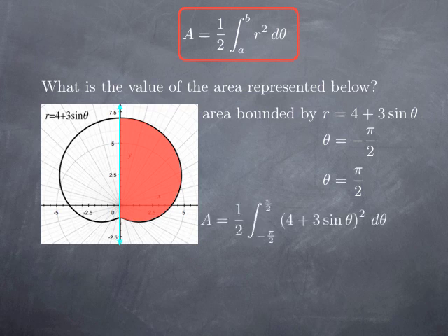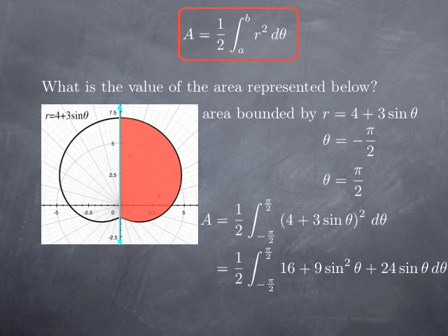And then we obtain for the area 1/2 of the integral from negative pi over 2 to pi over 2 of the square of the bounding function 4 plus 3 sine theta. And if we multiply things through in this square, we obtain 16 plus 9 sine squared theta plus 24 sine theta. That's a double product, right? 4 times 3 times 2 times sine theta.